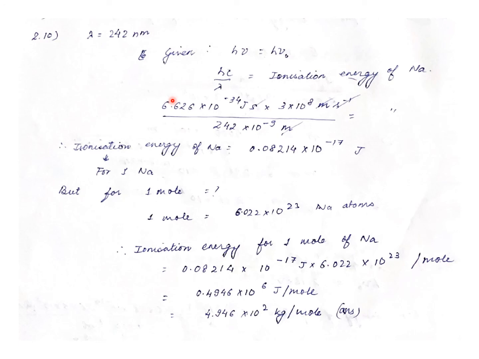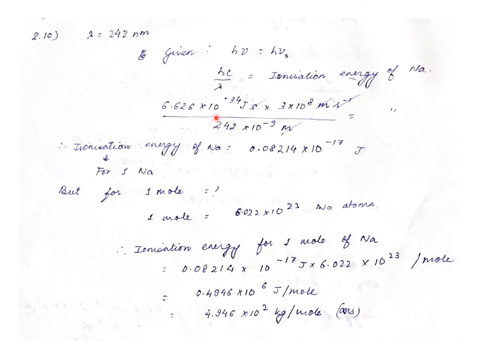If we put the equation hν equals hν₀ plus kinetic energy and set the kinetic energy to 0, then your equation reduces to hν equals hν₀. You are already provided with the lambda value, so you can easily change hν to hc upon lambda, and hν₀ is the threshold energy, or in other terms, the ionization energy of the sodium atom.